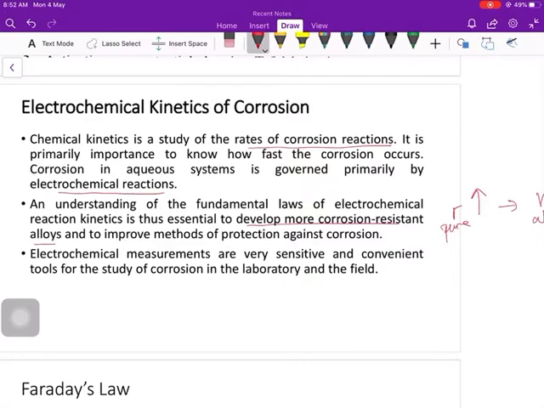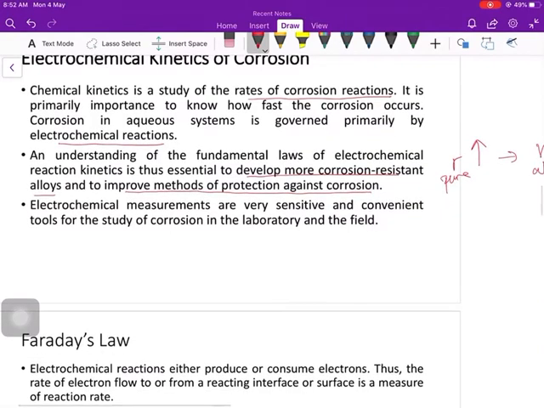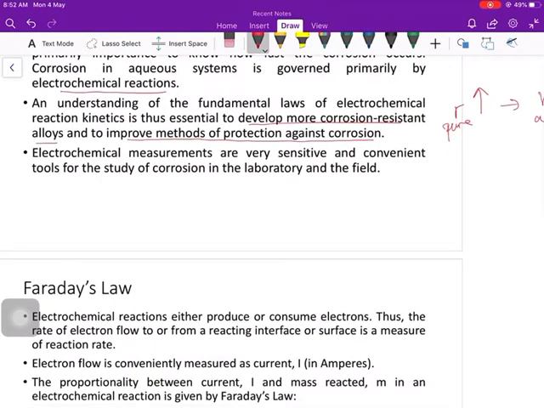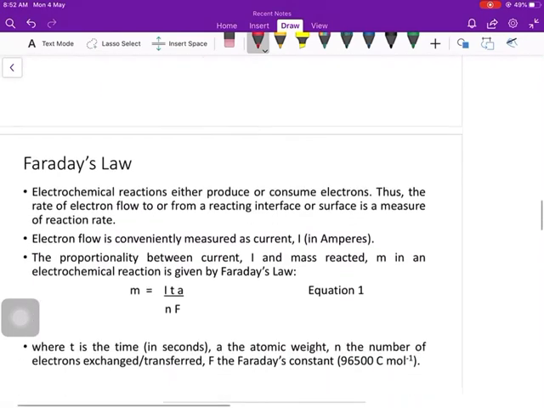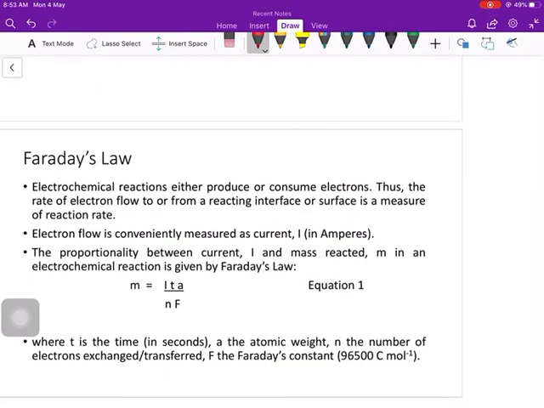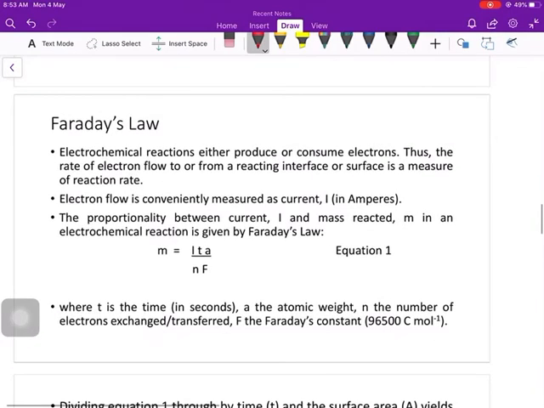And also based on that information, the kinetics of corrosion, you can improve the method to protect an object. Okay, so electrochemical measurement is a very sensitive but convenient tool to study corrosion in the laboratory and also in the field. So now we come to the quantitative analysis or the measurement of rate of corrosion.